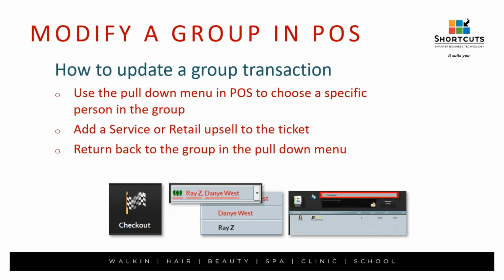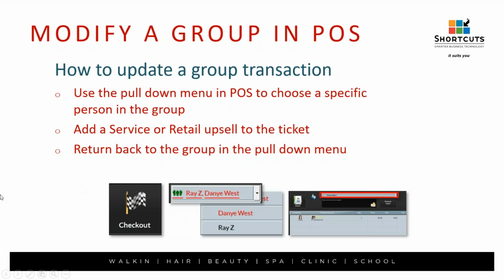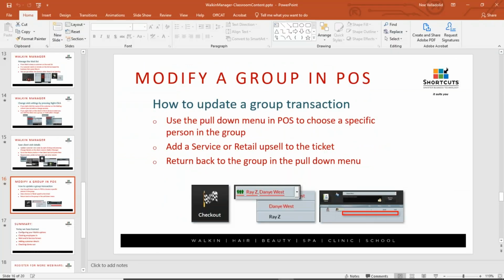So of course, in the point of sale, you can check out services, you can check out retails, you can group customers together. So I'm going to pause this before we get to the last slide and actually do a checkout.